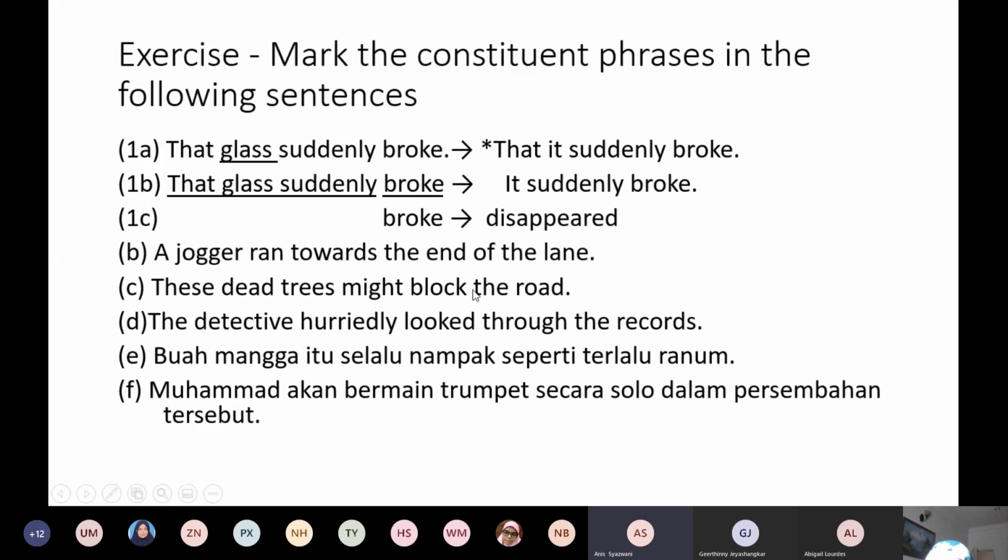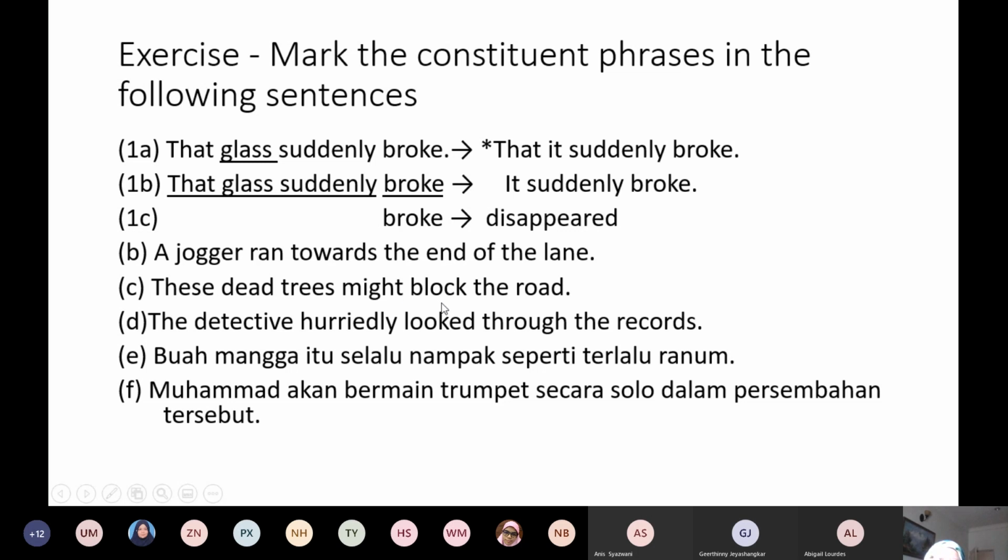Tapi dalam tu ada the road. The road is a noun phrase. So dia akan jadi these date trees one, and then might block the road is another one. Then the road is another phrase. Because dalam verb phrase, block ni dah jadi verb. So verb is word level.